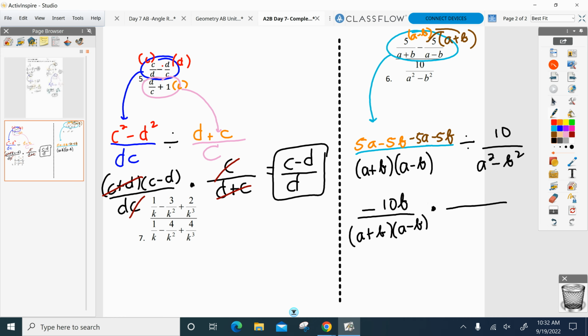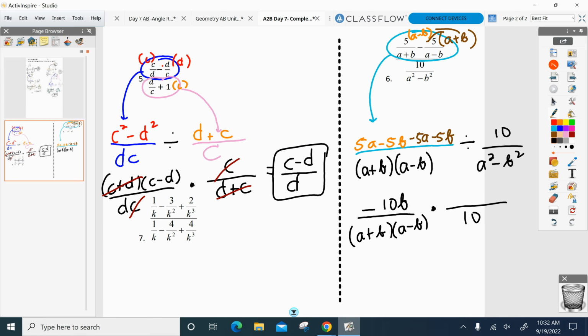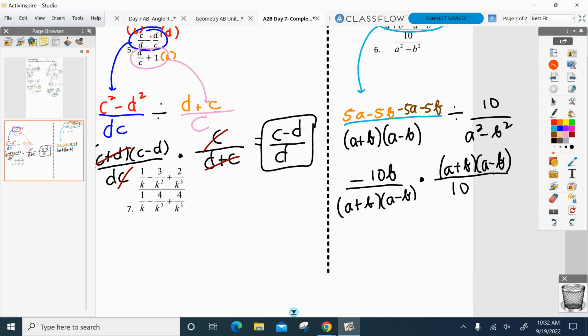Times, flip, A squared minus B squared. Anything? A squared minus B squared. A minus B, A plus B. Good work. All right, can you help me cross out?